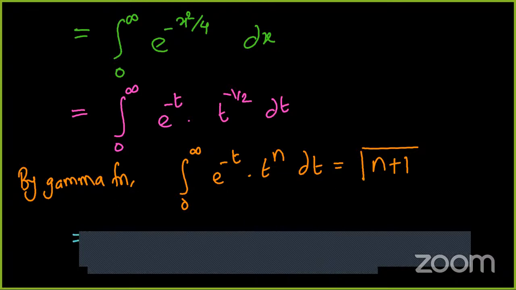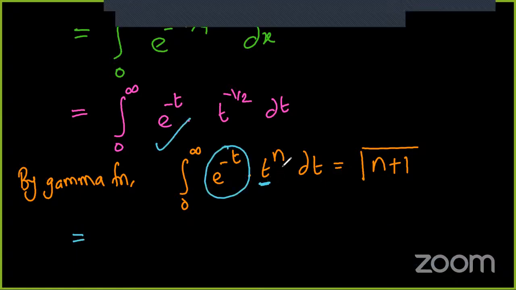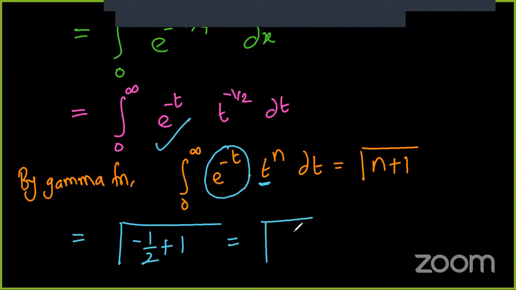Look here, this parameter is the same, t is also the same. What is the value of n? n is minus half. So, gamma of minus half plus 1. So minus half plus 1 is plus half. Okay? And remember one thing, the answer of this one is root pi. Yes, the answer of this one, gamma 1/2, is root pi.